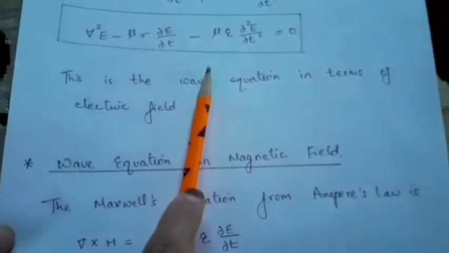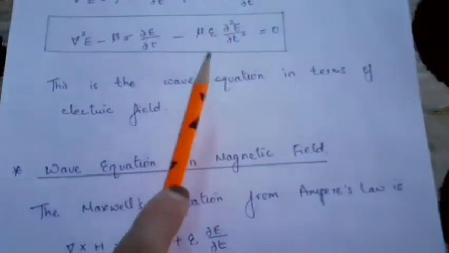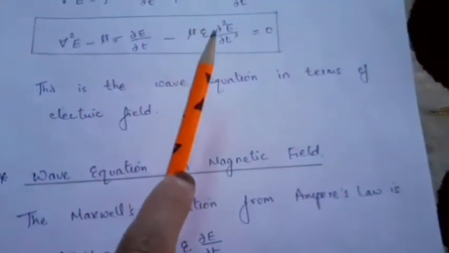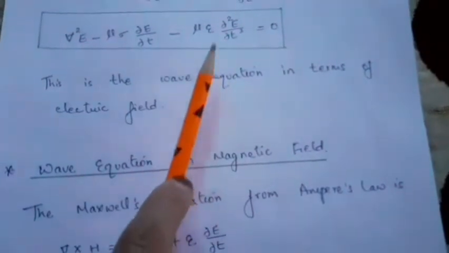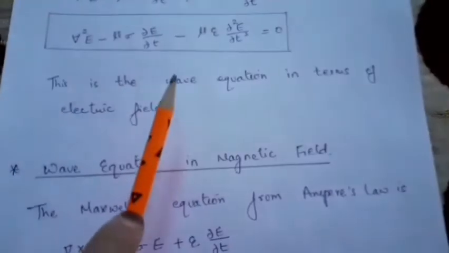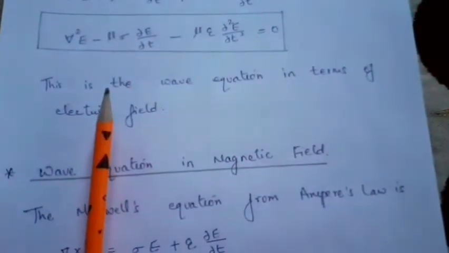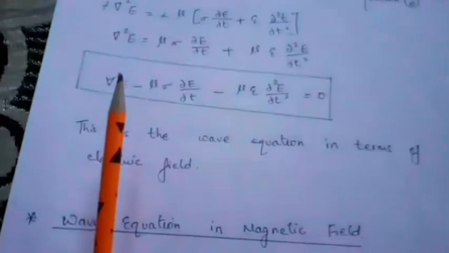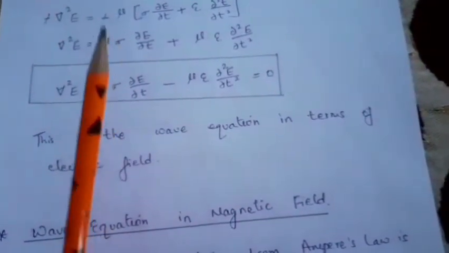So for this, if you want to derive the wave equation in terms of electric field, first we have to consider Maxwell's second equation, that is from Faraday's law. So it is the first step.